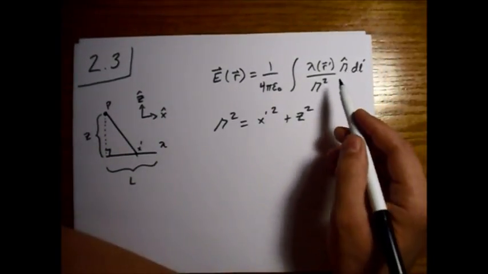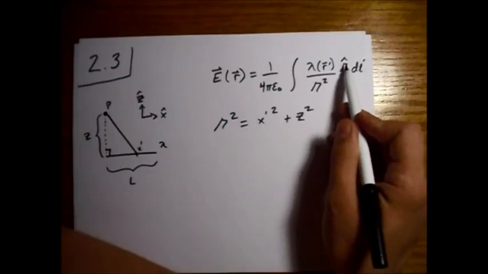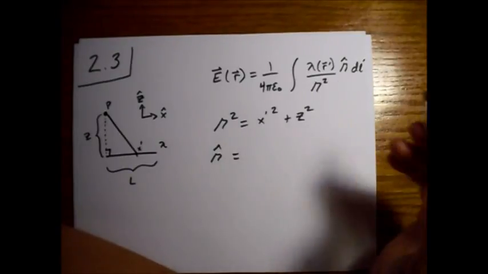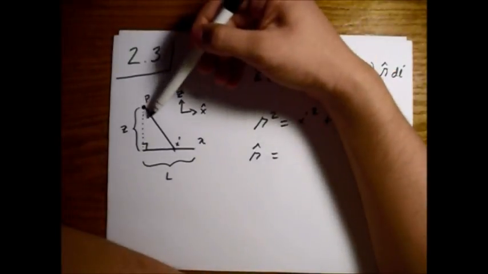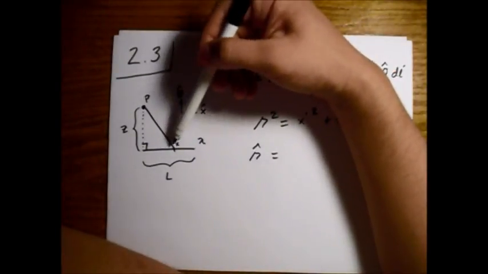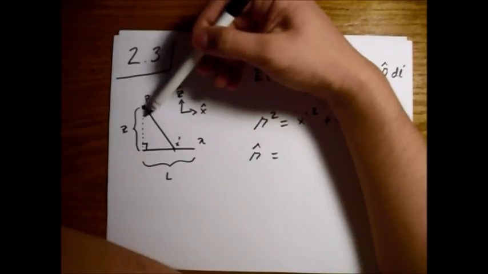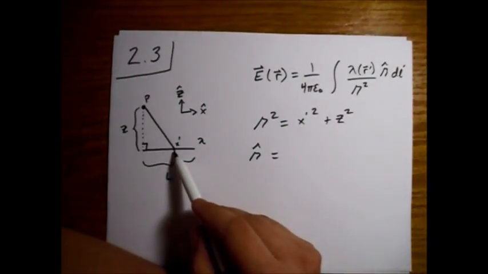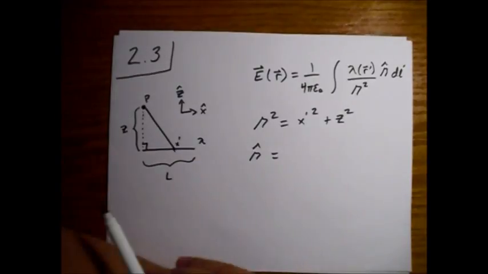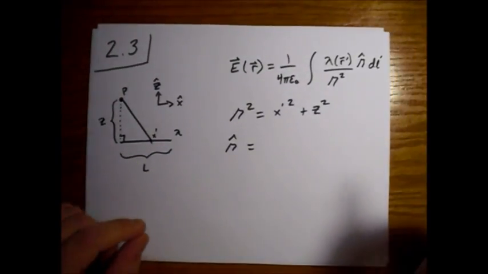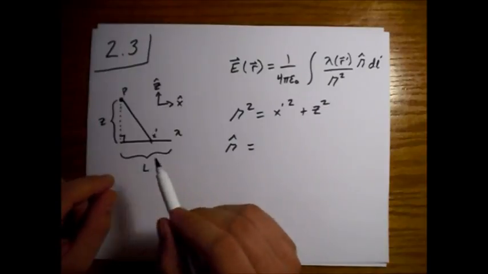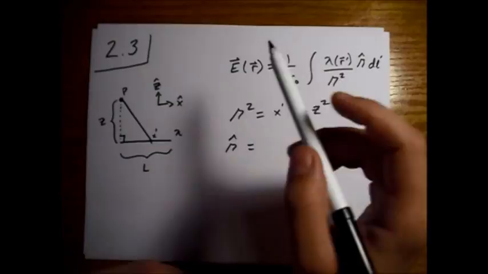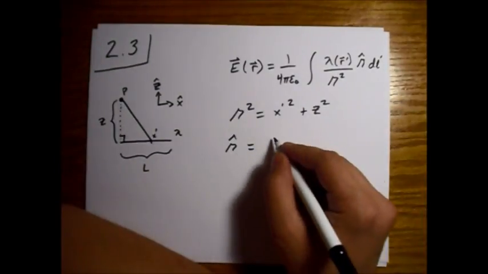Let's go ahead and look at our cursive r hat vector, so unit vector. And that's just the unit vector in the direction of this vector from the source point to the field point. Basically that is, well, let's just write it out.